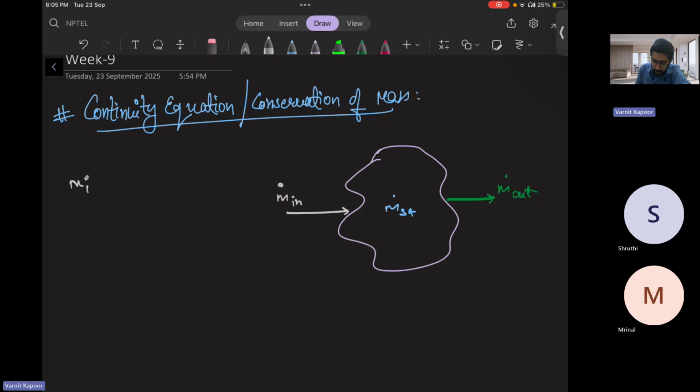So we can say that mass flow rate in is the sum of mass flow rate out plus mass flow rate stored. Okay, that's a simple definition. So what is mass flow rate stored? That is the difference of mass flow rate in minus mass flow rate out.